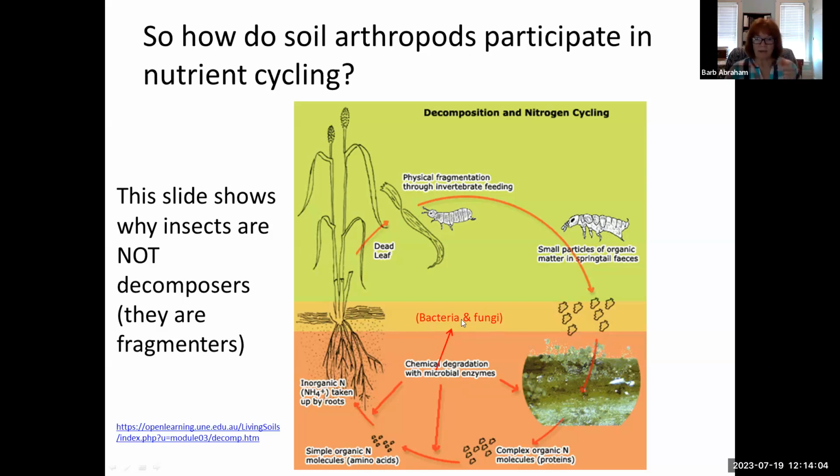I added this to the diagram. So by the time the bacteria are done feeding, what you have left is inorganic material, nitrogen. This is ammonium, which is also used in addition to nitrates by plants. So true decomposers versus fragmenters.